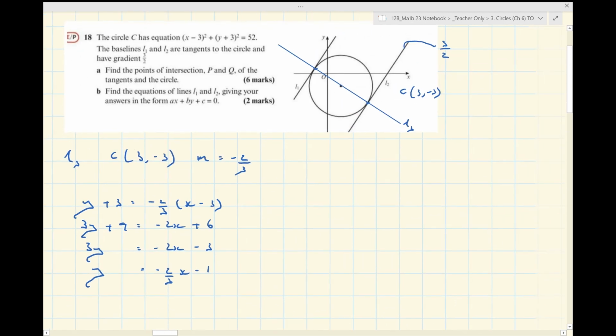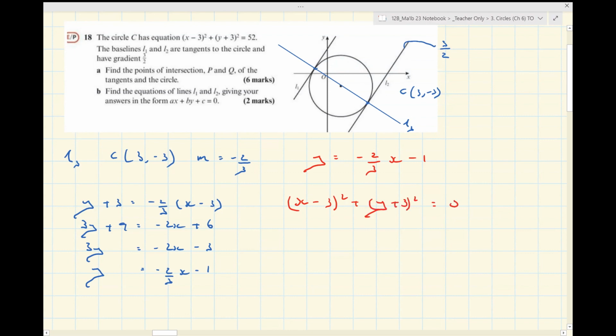So now I've got the equation of L3, and I'm simply going to find points which are on L3 and on the circle. So, to find points which lie on L3 and on the circle, I'm going to need to solve the two equations simultaneously. That's the equation of L3 and the equation of the circle. How am I going to do that?